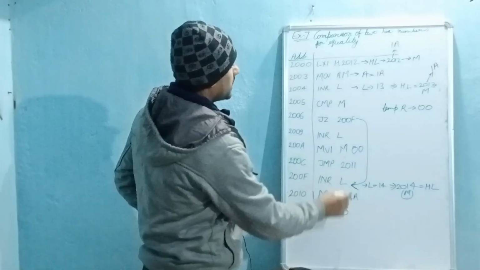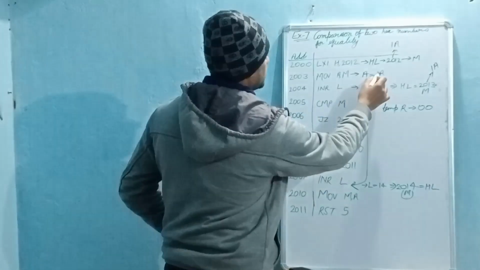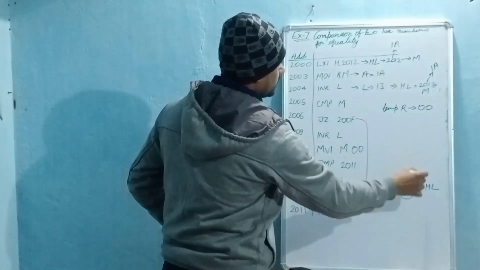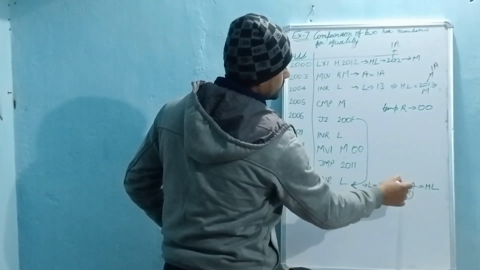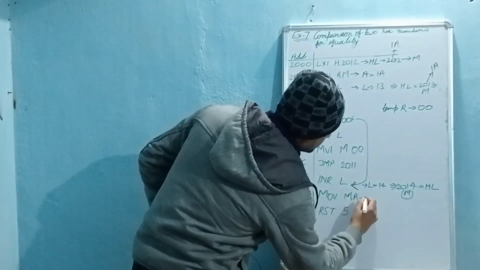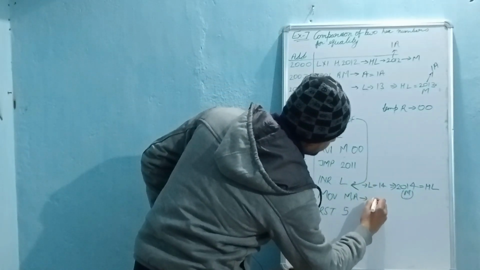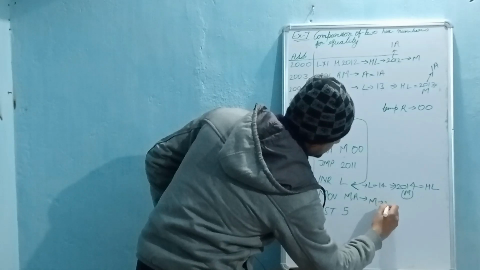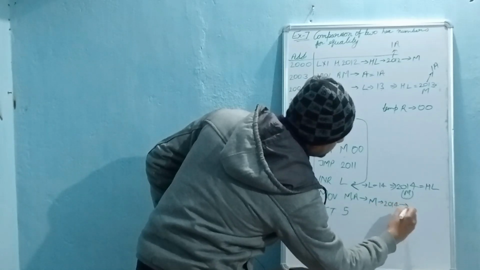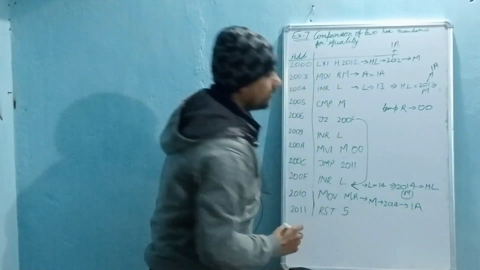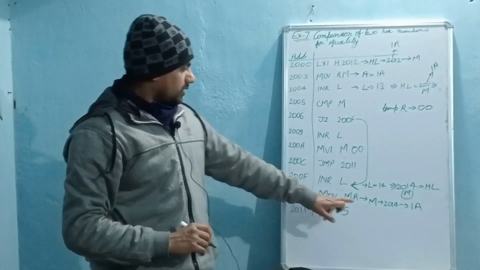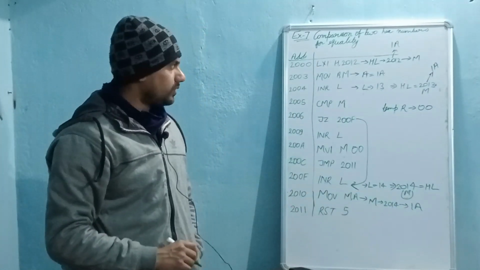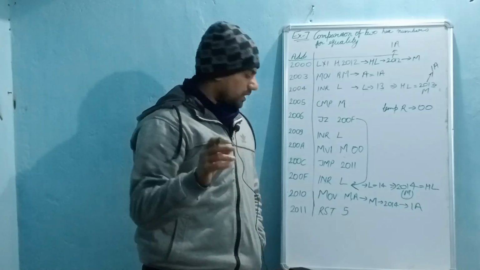What we have in the accumulator, you see, is 1A. So this 1A will move to memory, that is 2014. At this location 1A will come. Okay. So at 2014 we got 1A.